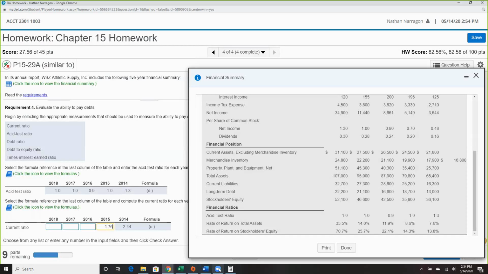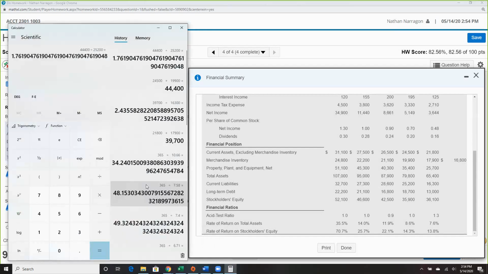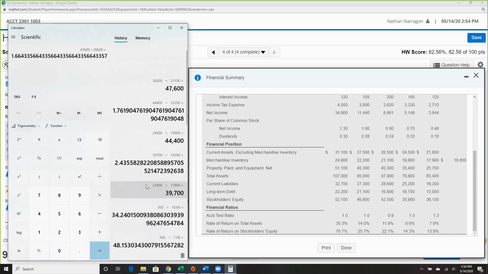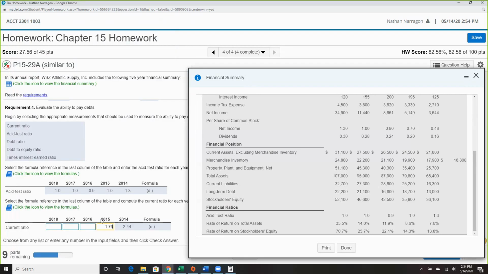Okay. Next, 26,500 plus 21,100 divided by current liabilities of 28,600. We'll look at 1.66.